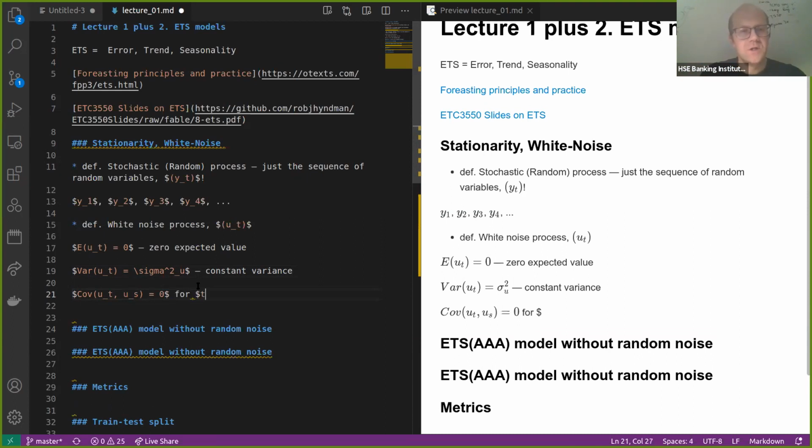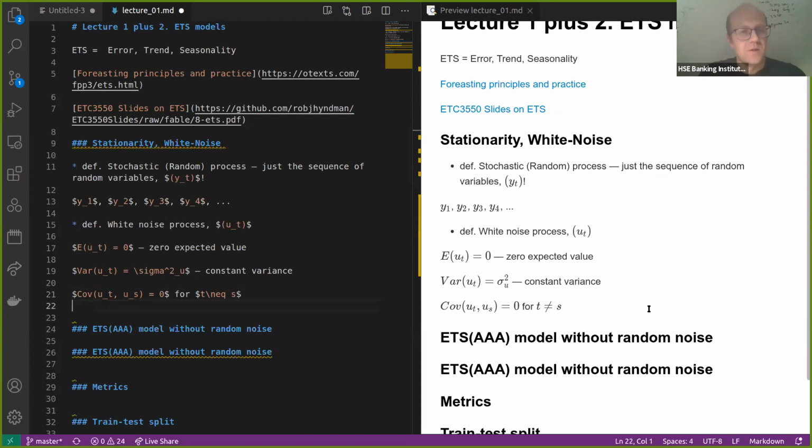For t not equal to s. So different random variables are uncorrelated. So that is the definition of the white noise process. It may or may not be normal. Yes, Konstantin is more or less right. Sometimes we will use the normal distribution, but in the definition of the white noise process, normality is not required.